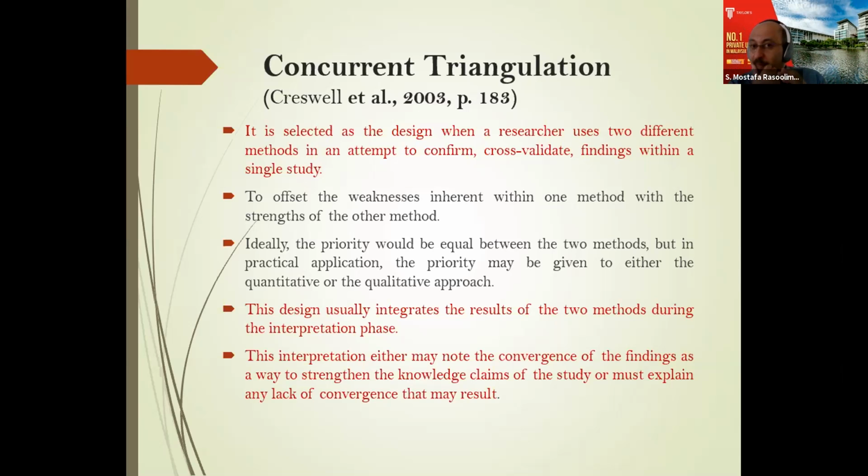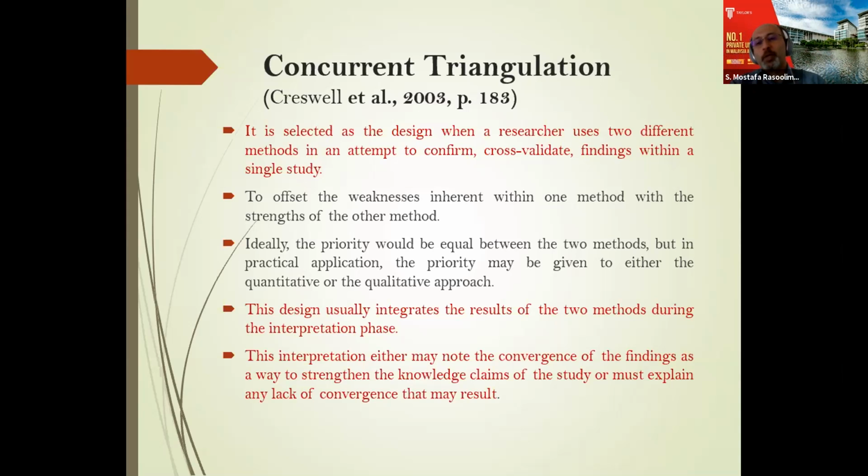So by this method, actually, the two methods can strengthen each other. The two methods can cover weaknesses of another method. We can get a wider perspective, a complete perspective and picture. So this concurrent triangulation fits those purposes.